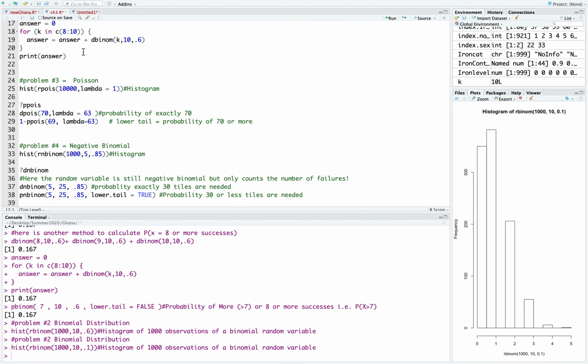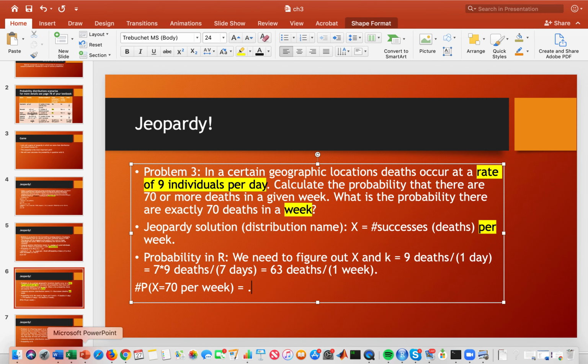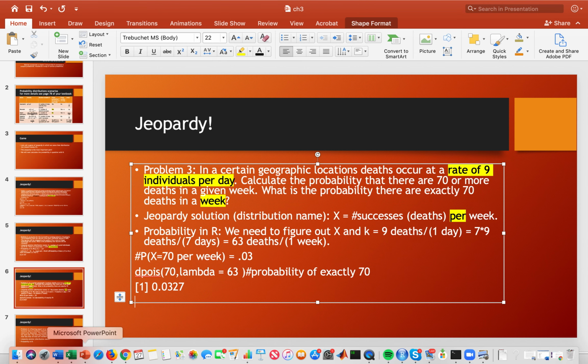So here I'm going to use the Poisson distribution. The Poisson distribution looks like this. I put in my lambda, that's the 63, and I have the desired number of successes. That's the dpois. So that is what I'm going to calculate. And that's 0.03. And that's how I figure it out.